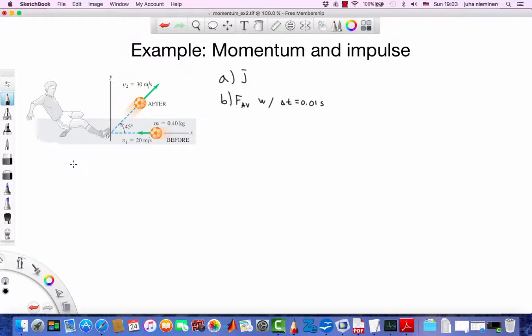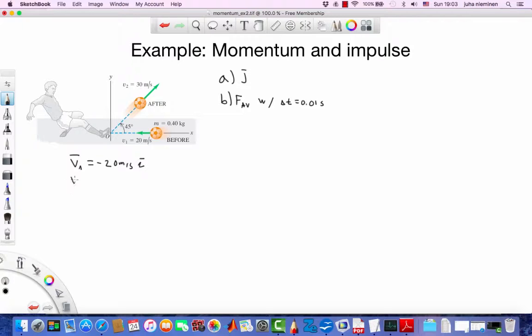But we can state right away that the vector v1, or the velocity 1, is to the left, so it has to be minus 20 meters per second, and i indicating x direction.